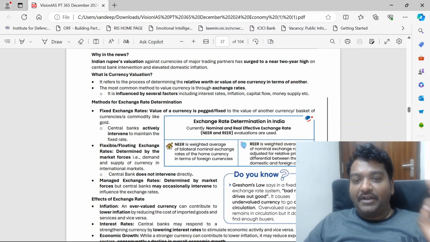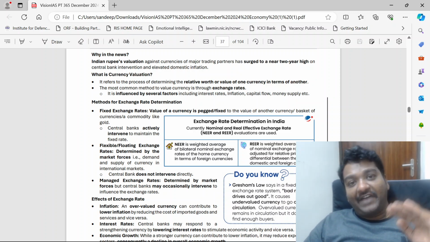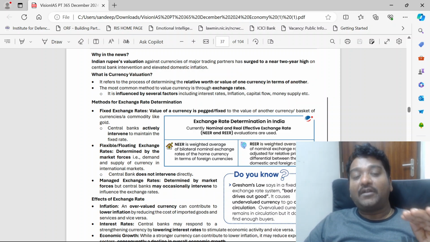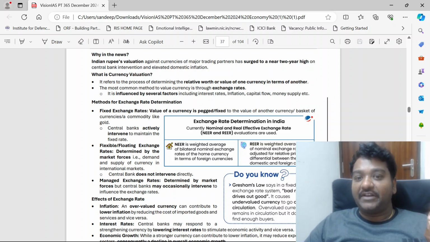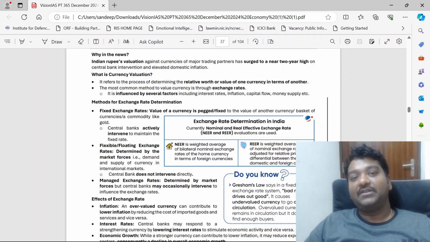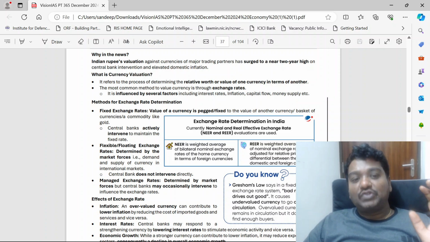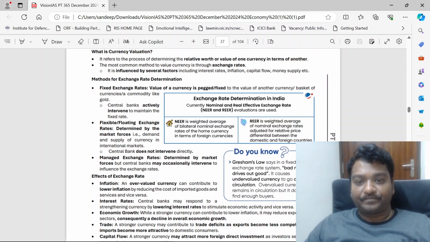And whenever there is currency devaluation or currency appreciation, we normally try to see that it is going to affect inflation, capital, money supply, interest rates of the country, everything. So currency valuation is very, very important.